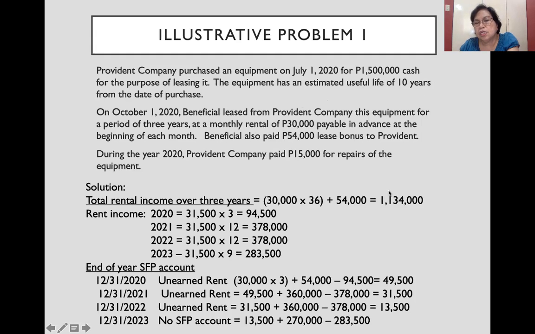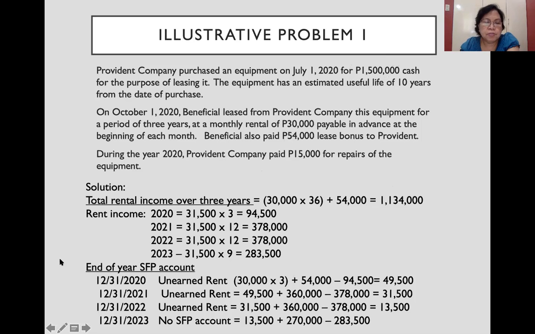So even without discounting, 1,134,000 is less than 50% of 1,500,000. I said even without discounting, but that 90% rule will apply to the present value, not necessarily the gross amount. And therefore, clearly, there is no indicator for finance lease. So this will have to be accounted for as operating lease.